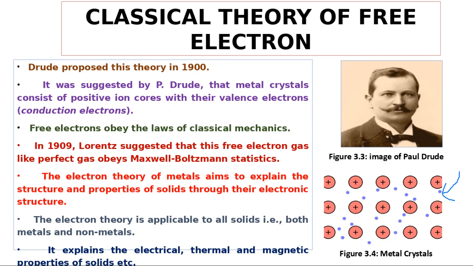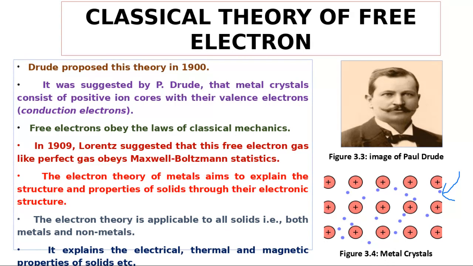This is suggested by Paul Drude in 1900, and these free electrons, the valence electrons, obey the laws of classical mechanics. You know what the laws of classical mechanics are, the Newton laws. So these free electrons in the metals obey all the laws of classical mechanics. And in 1909, Lorentz suggested that if these electrons are free inside the metal, they can be treated as an electron gas, just like a perfect gas in a container.